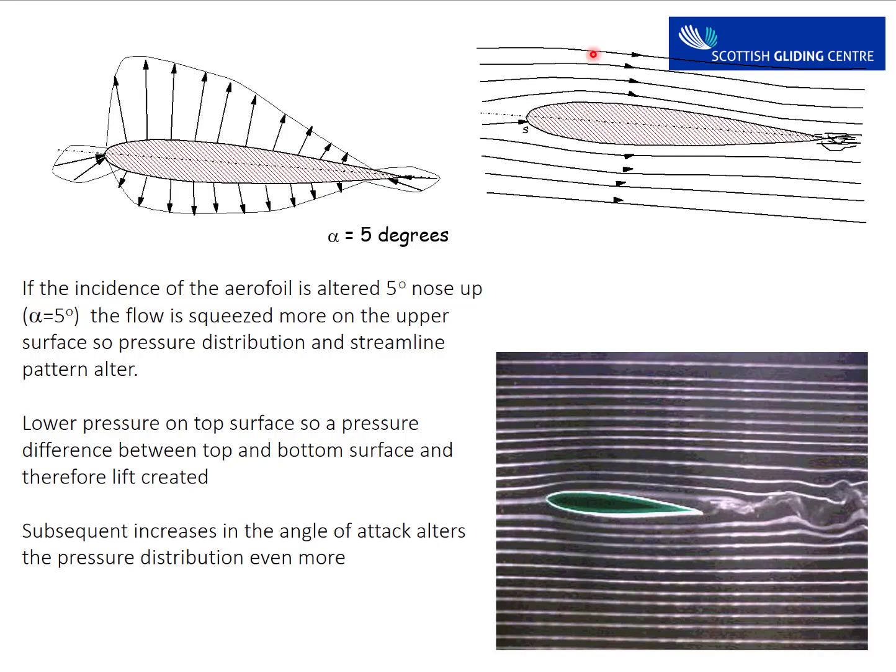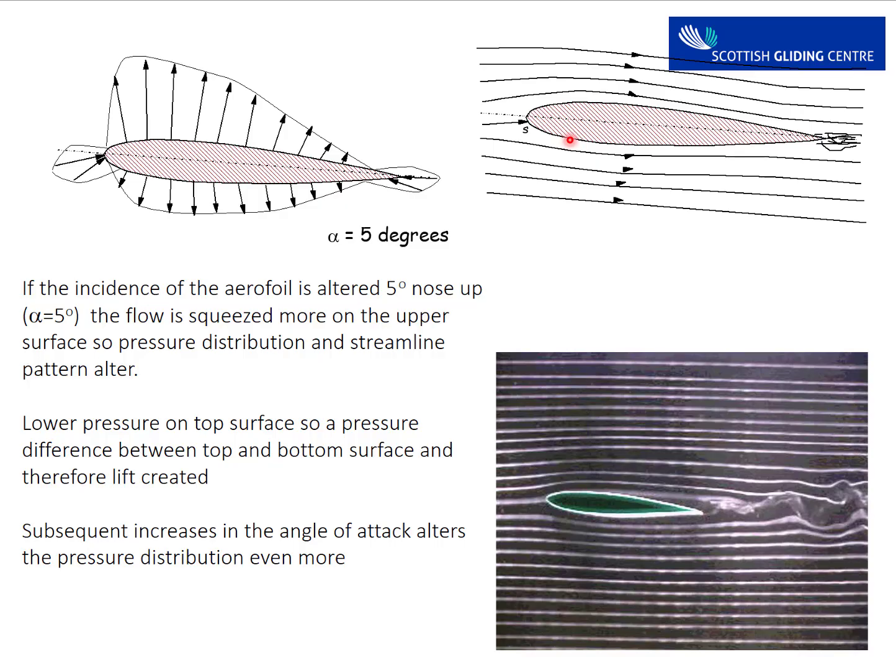Therefore the flow is speeding up more on the upper surface than it is on the lower surface. Because the velocities are higher on the upper surface, the pressures are lower on the upper surface and there is more suck.